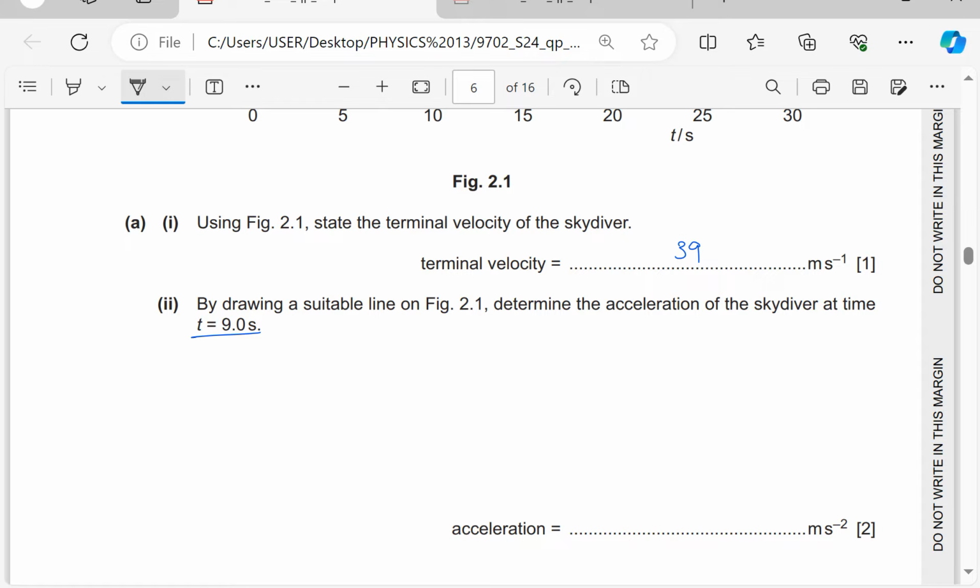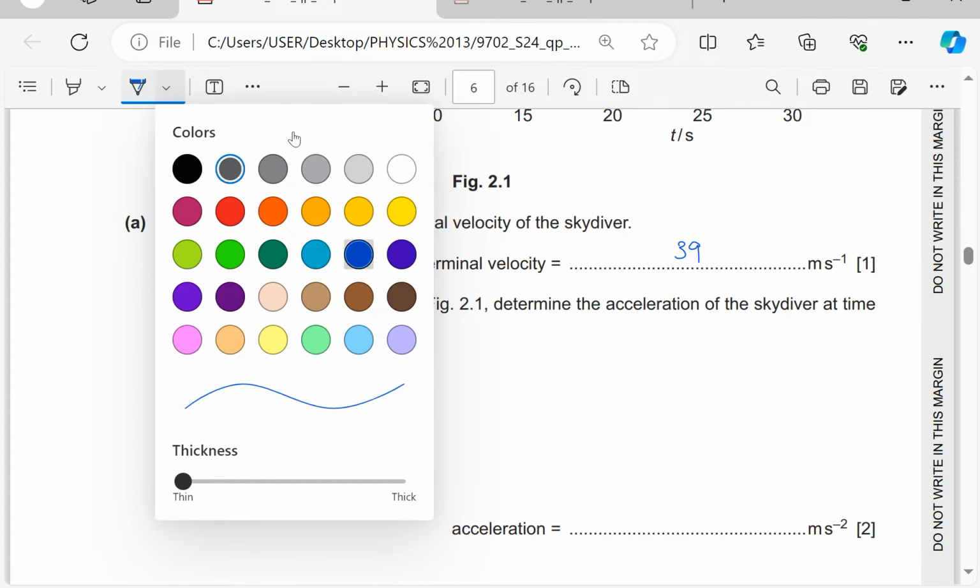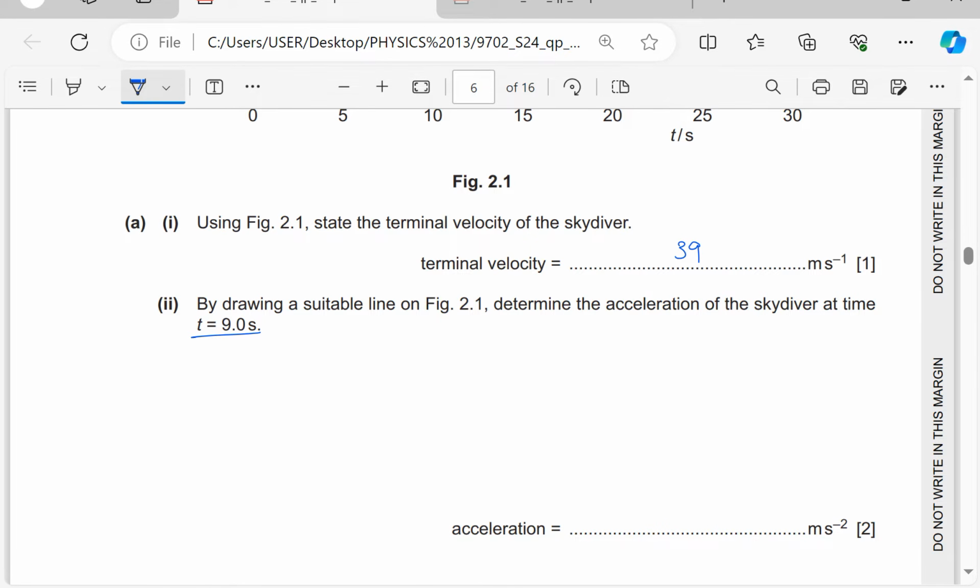Okay, so now I'm finding the acceleration. So I'll say acceleration equals the gradient of the tangent line.